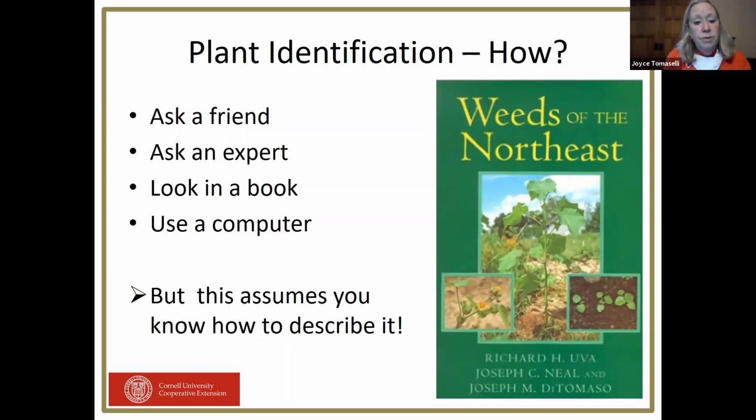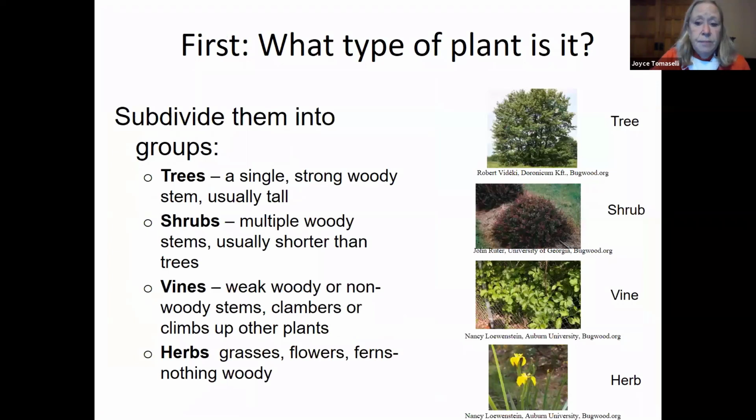You can use a computer if you know how to learn how to describe something. So all of the plants that we have are subdividable into groups. Trees, which is usually a single strong woody stem and usually tall. Shrubs, which are usually multiple woody stems.